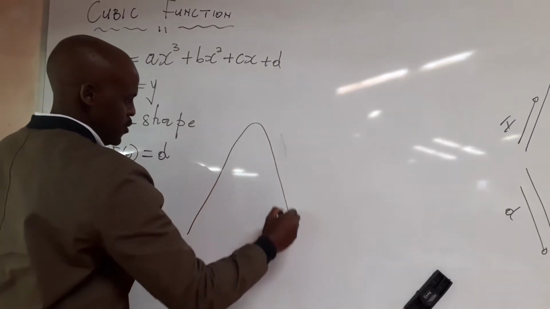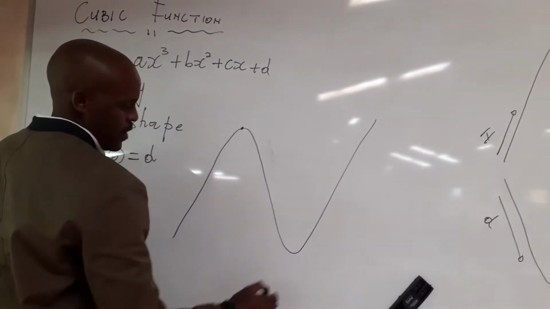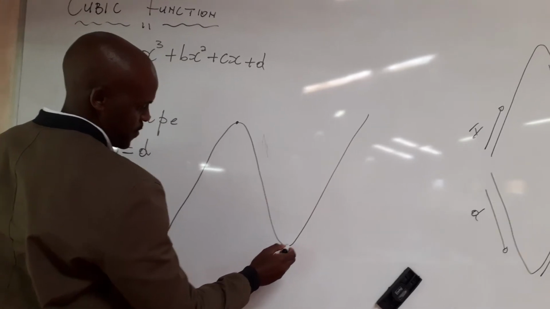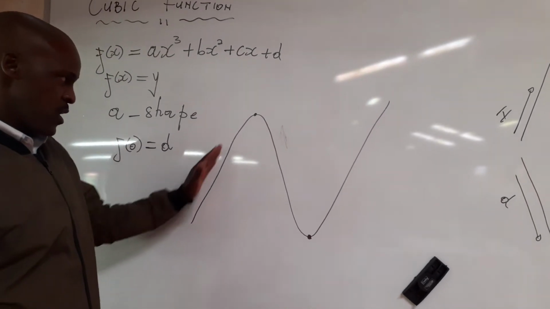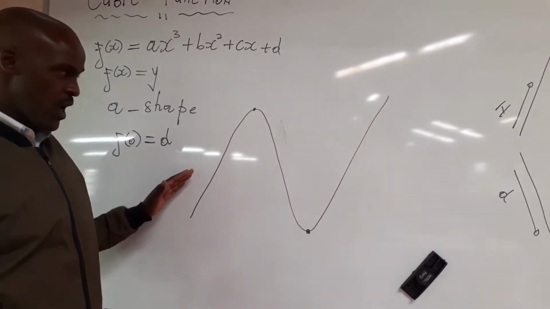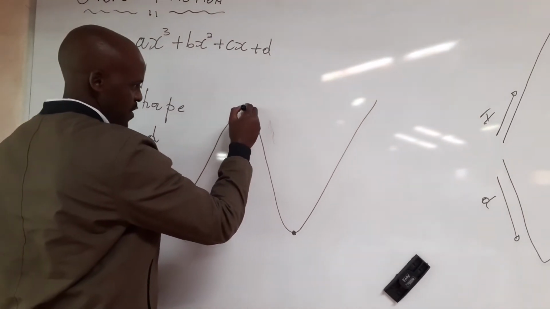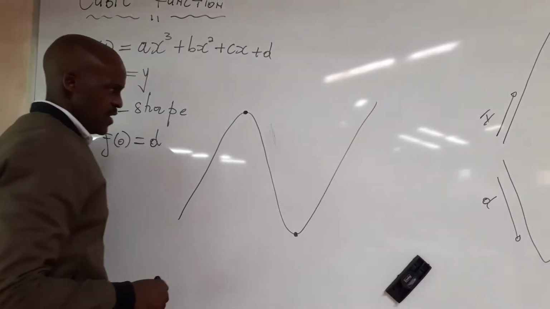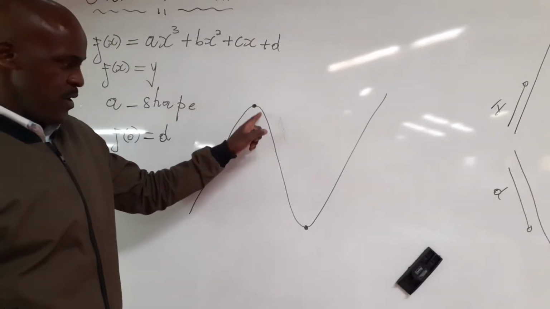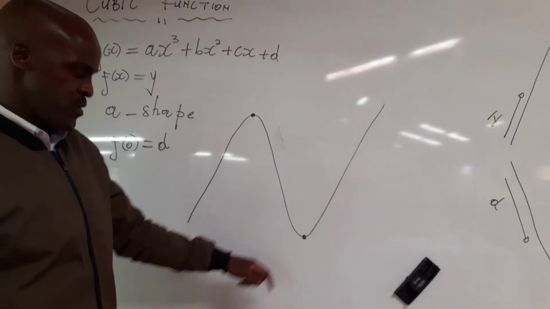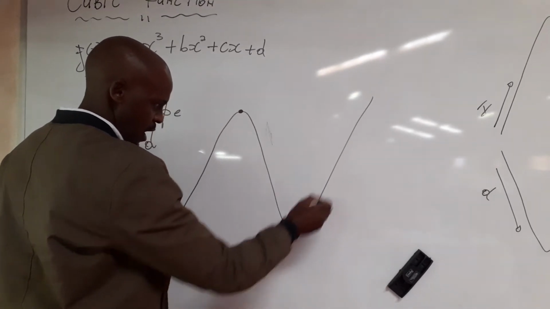When you look at this one here, there is that point there, and also that point. When you move in that direction, you are going upward. When you reach this point, the graph doesn't continue. It stops and goes down to that point, and then up again.